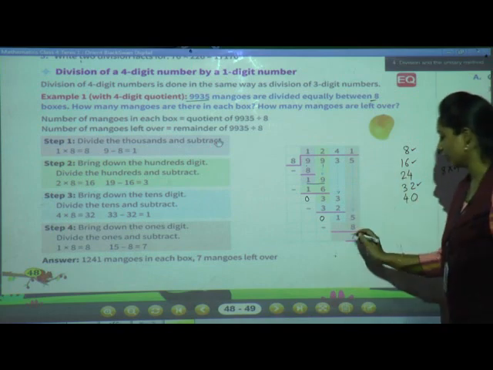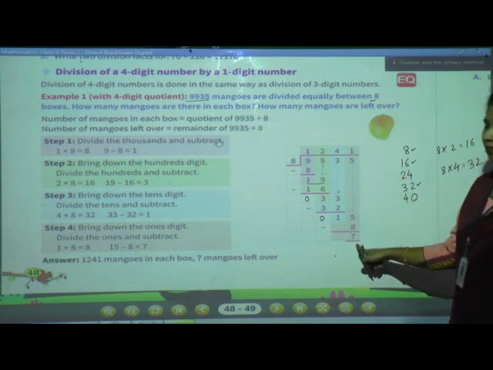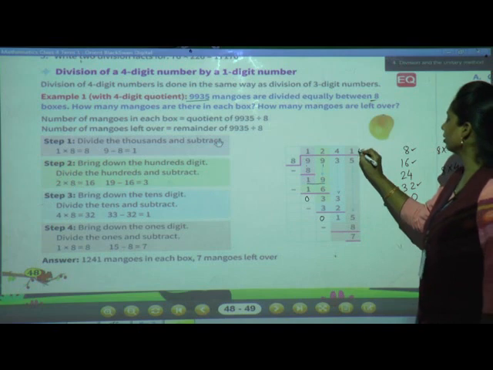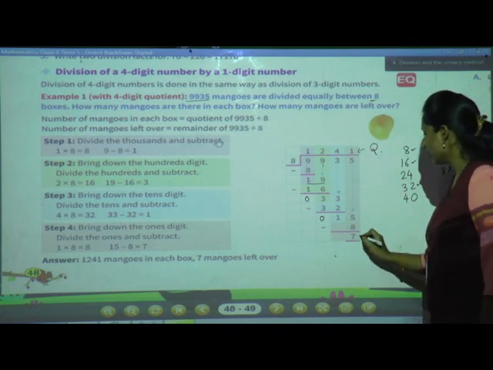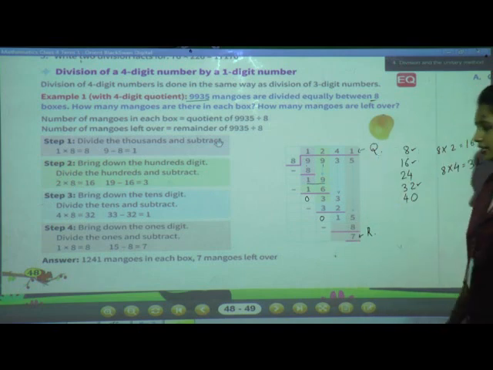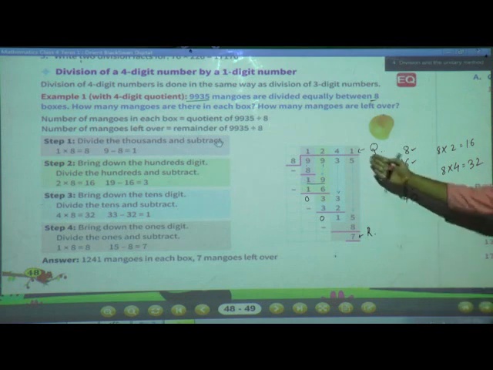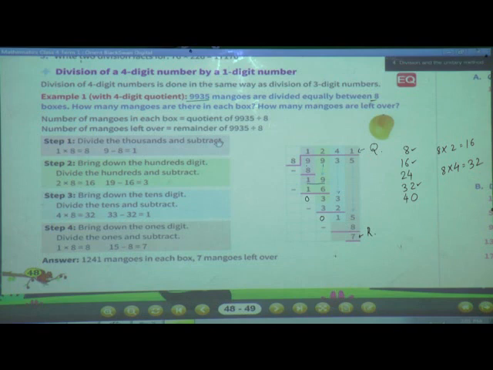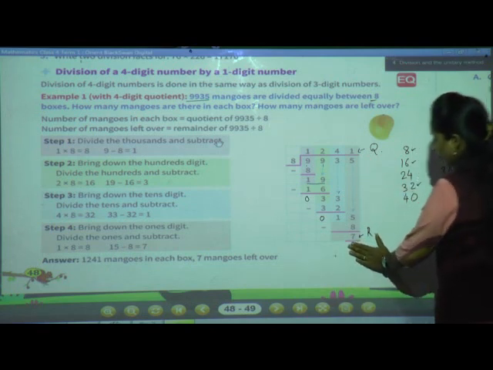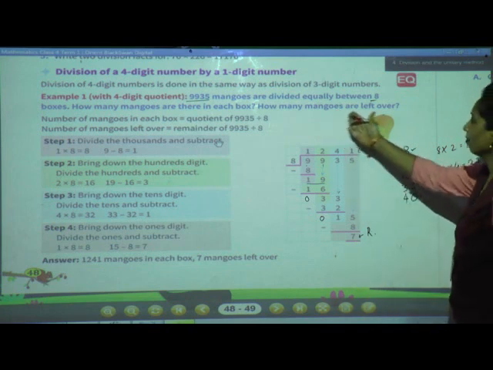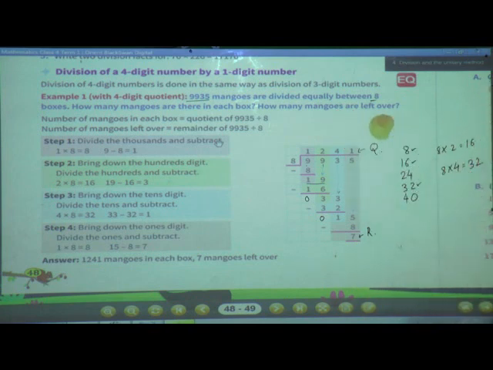How many? 7. So write here 7. This is the quotient, and this is the remainder, isn't it? Whatever answer came is the number of mangoes in each box, and whatever is remaining is the number of mangoes left over.